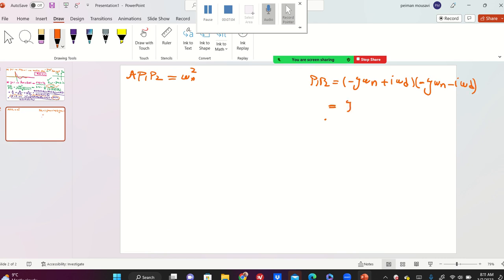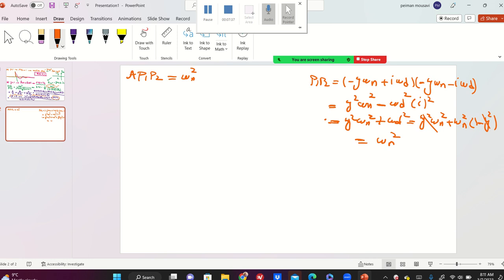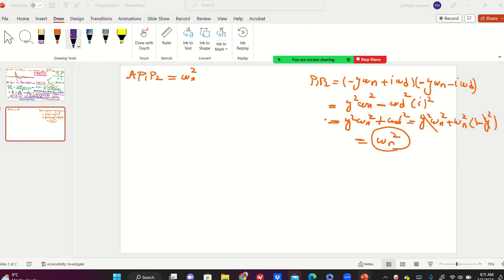From high school, you know that this is zeta squared omega_n squared minus omega_d squared times i squared. So i squared is minus 1, giving plus omega_d squared. So omega_d squared, as we did in the previous class, is omega_n squared times (1 minus zeta squared). This goes away. The result is omega_n squared. So from here you get a is 1, as expected.